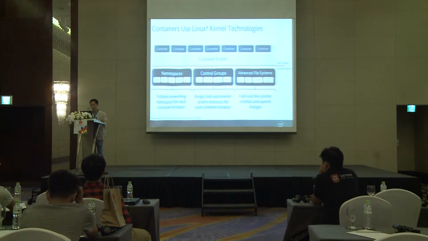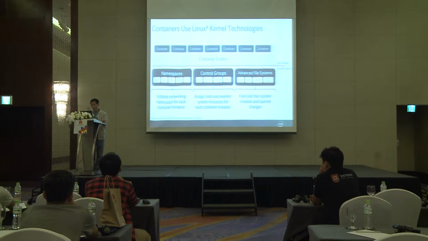So the namespace, I think, is most important for the container, because it provides the necessary isolation for container technology, right? Like we said before, namespace is actually one of the methods that can be used as a container isolation technology.